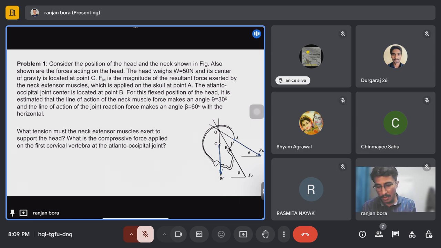The atlanto-occipital joint center is located at point B. There is one joint here which is known as atlanto-occipital joint, and it is located at point B.